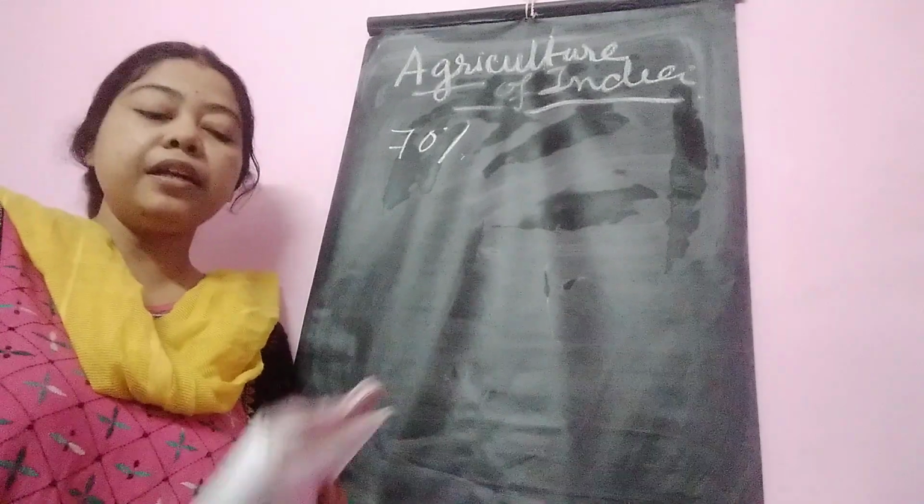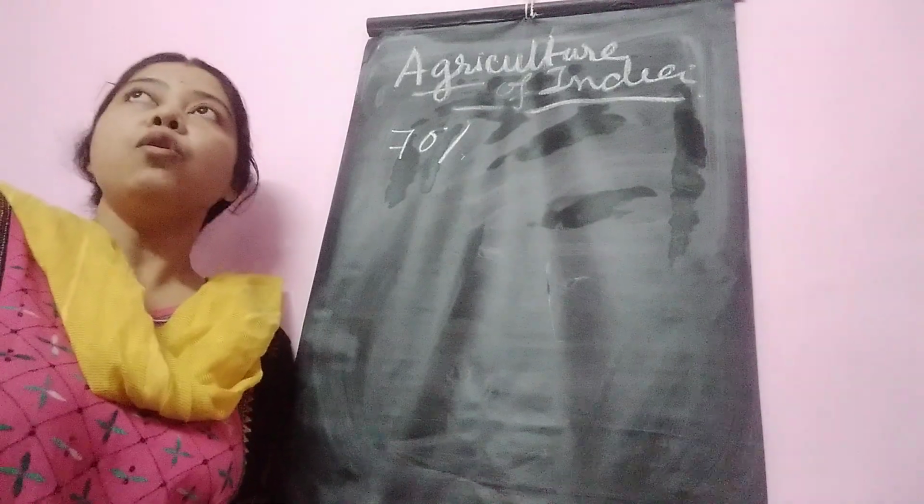But you know that monsoon is uneven. In some years it comes regularly and in some years it comes late. So, this erratic nature of monsoon is a very problematic feature for Indian agriculture, and so Indian agriculture depends on irrigation. Now, why does Indian agriculture depend on irrigation?